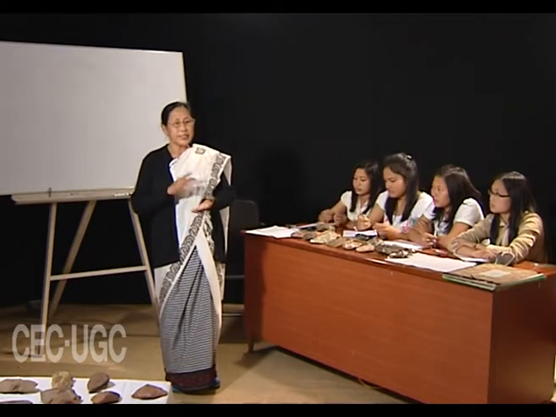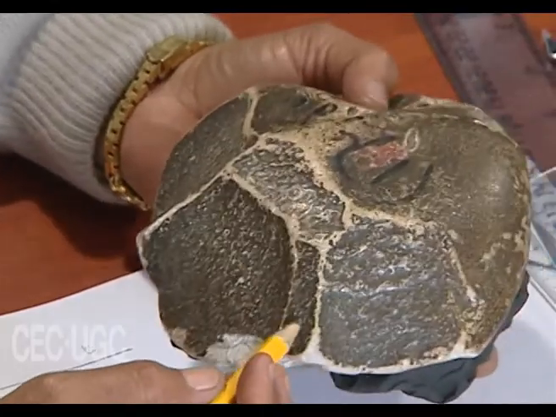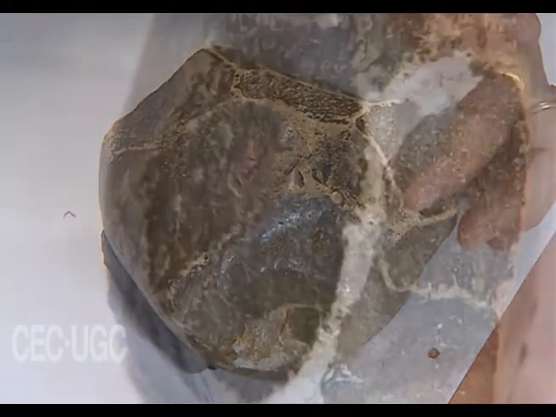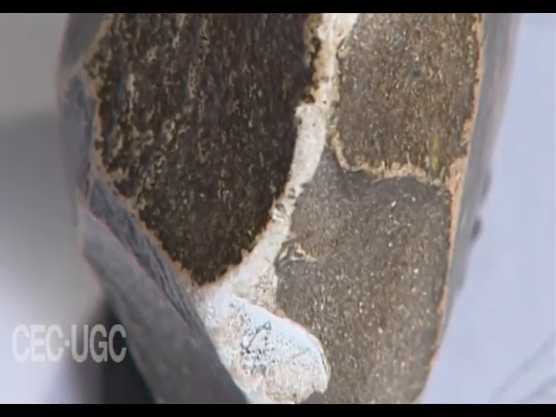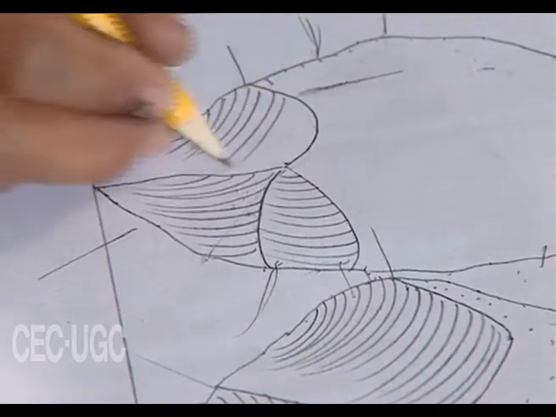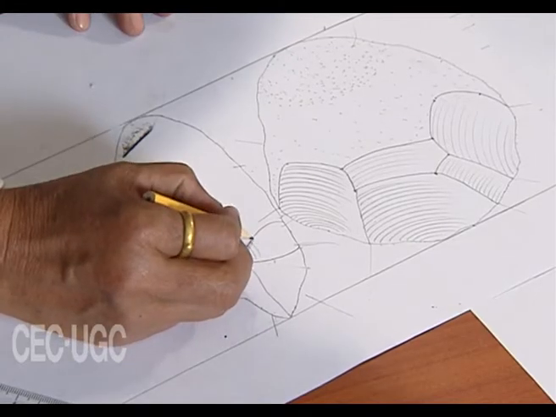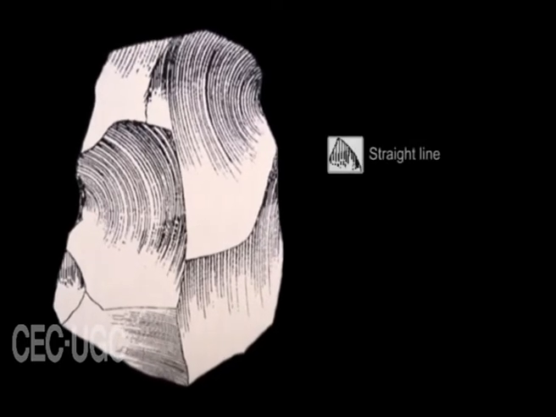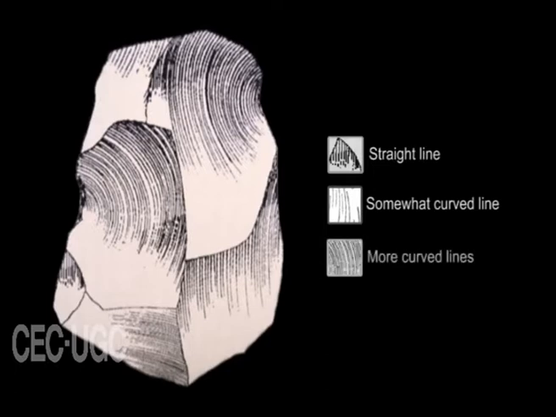Number A, the shape, size, nature of the flake curve and the manufacturing techniques of the given specimen are presented by line drawings. Each line possesses a specific meaning. They are straight lines, somewhat curved lines, and more curved lines.